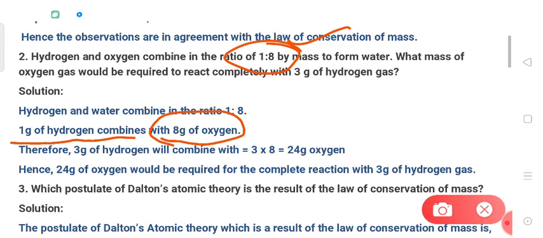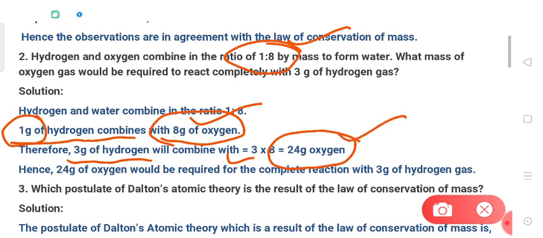So during this chemical reaction, for each 1 gram of hydrogen there should be 8 gram of oxygen. Hence if we are given 3 gram of hydrogen, then how much oxygen will be required? That will be 3 into 8 equal to 24 gram oxygen, right?